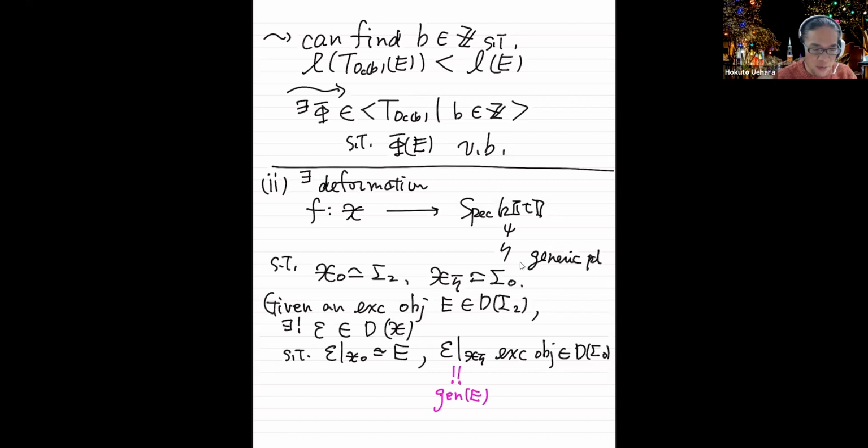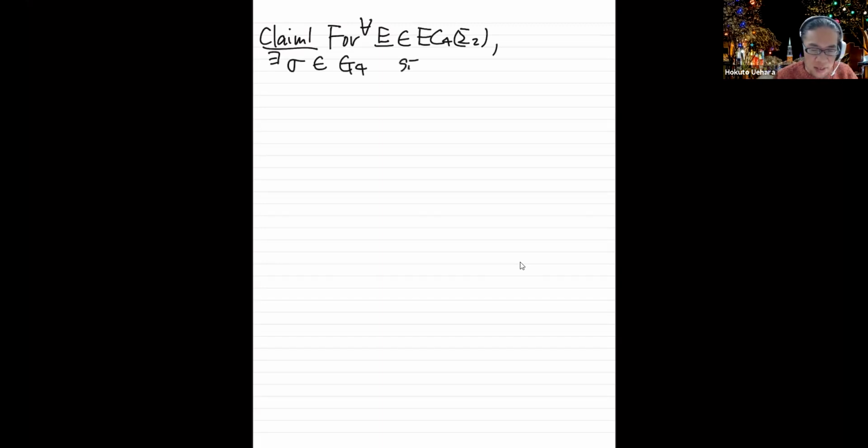And the first claim is: for any exceptional collection of length 4, there exists sigma in G4, the group generated by mutation and shift, such that on the Grothendieck group level, the class of sigma E bar coincides with the class of the standard exceptional collection on sigma 2.